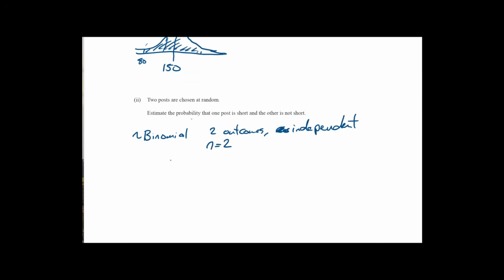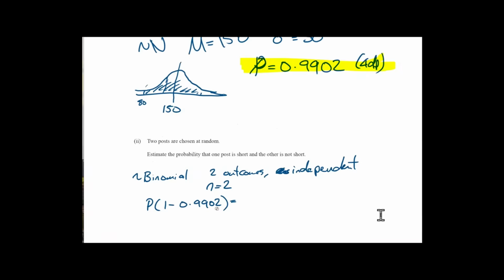In this case, the probability of a success is going to be 1 minus 0.9902, which is what we just worked out. Or it doesn't actually matter in this case because it's going to be symmetrical. It doesn't really matter which way you go because there's only two trials and two outcomes, so you get the same result. Let's say a success is under.